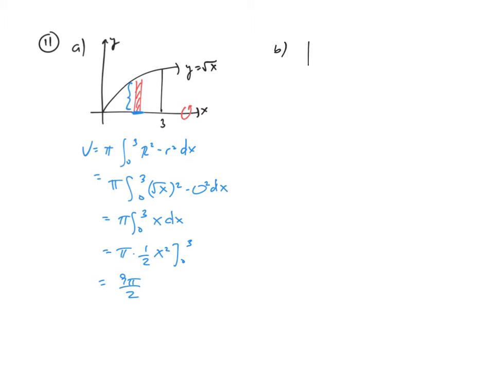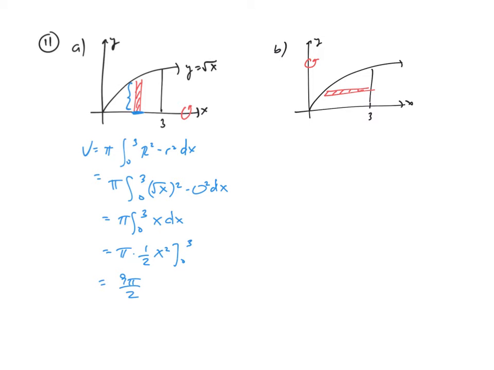So again, same function, same region, but this time we're going around the y-axis. So our rectangles are going to change their orientation, and they're going to be horizontal, perpendicular to the axis of revolution.